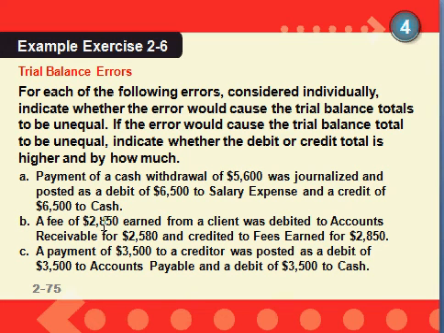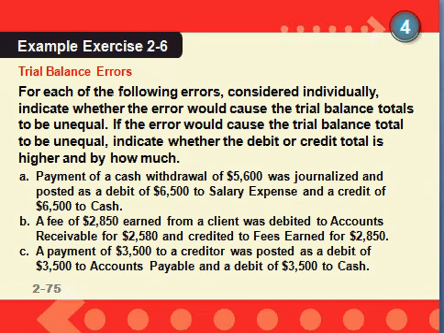The next one, we've got a fee of $2,850 earned from a client recorded to the accounts receivable as $2,580 and fees earned as $2,850. And then the last one, we've got a payment of $3,500 to a creditor posted as a debit both to the accounts payable account and to the cash account.